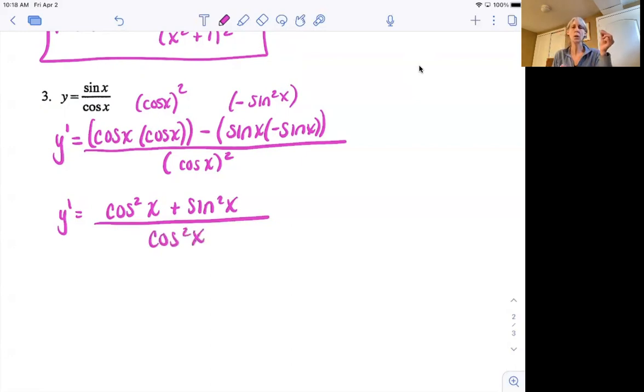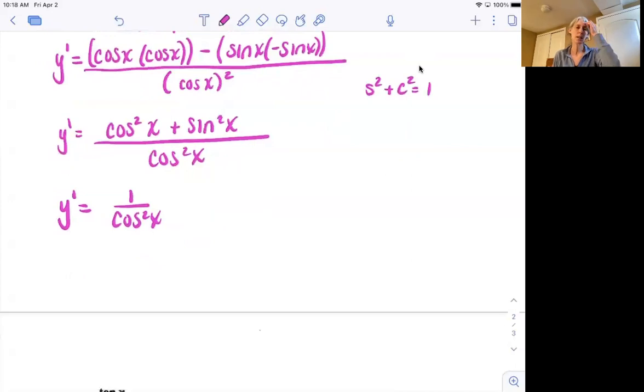What is cosine squared plus sine squared? Remember your Pythagorean identity. That's 1. How could we write 1 over cosine squared? We can rewrite it as secant squared.